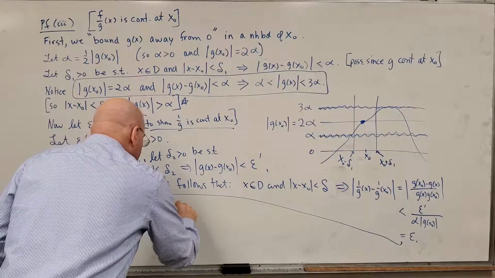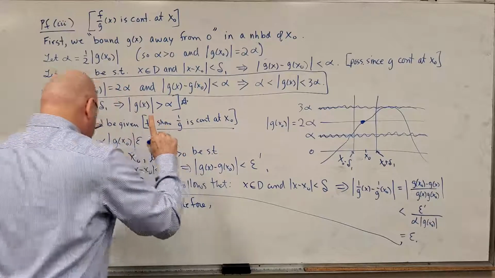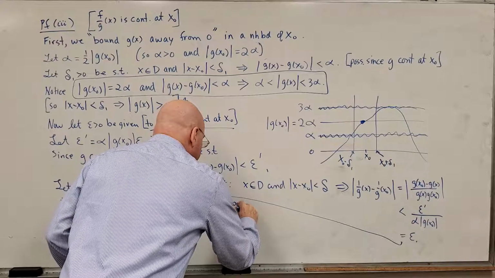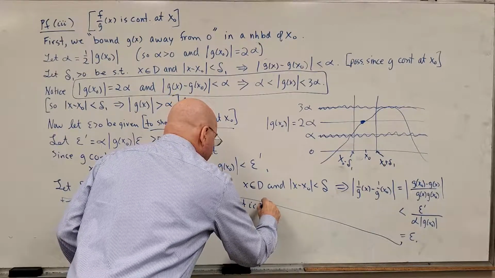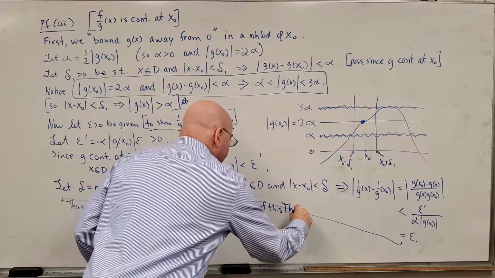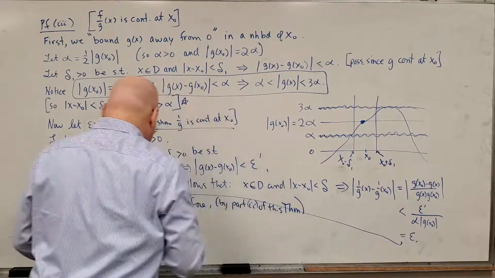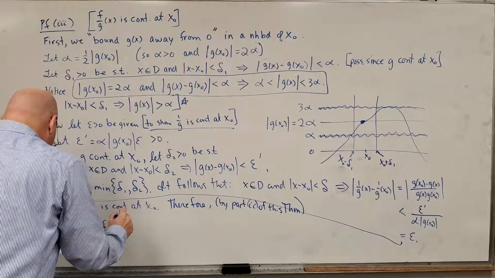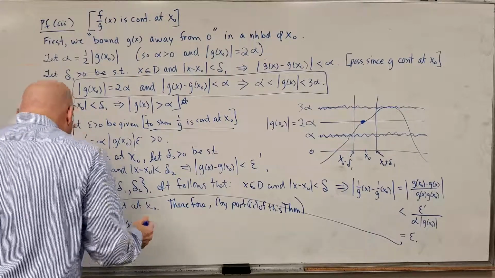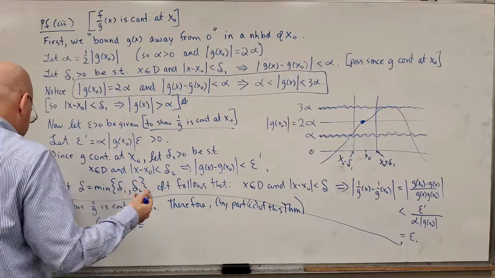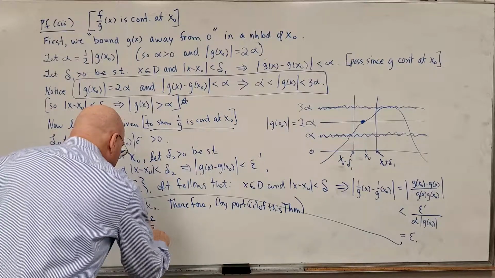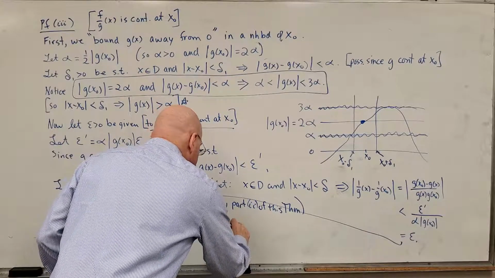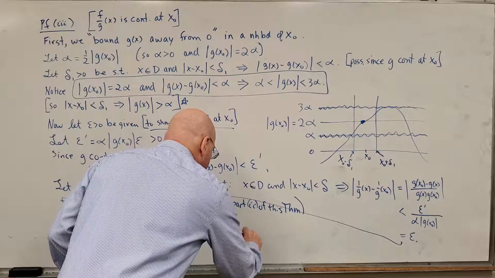So therefore, and maybe I'll write the reason here, by part 2 of this theorem, f times 1 over g of x, which is f of x times 1 over g of x, is continuous at x naught. And that finishes the proof.